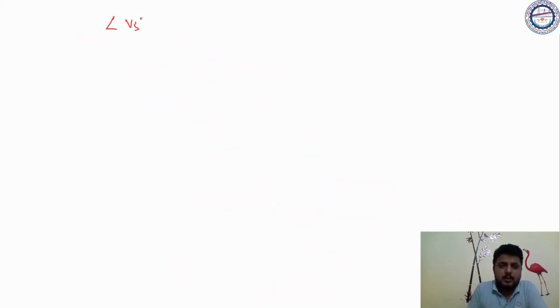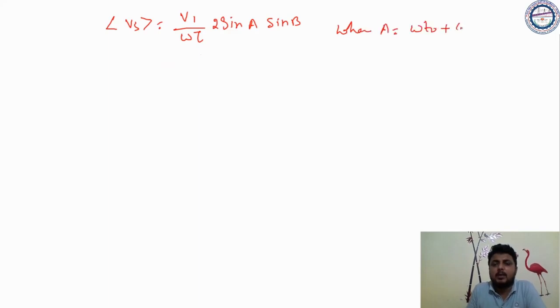So this Vs should be equal to V1 upon omega into tau, and we have sin A into sin B into 2 times, where A was omega t naught plus theta g by 2 and B was theta g by 2.